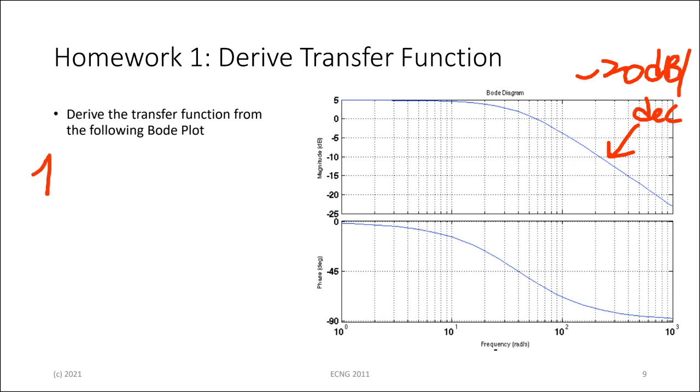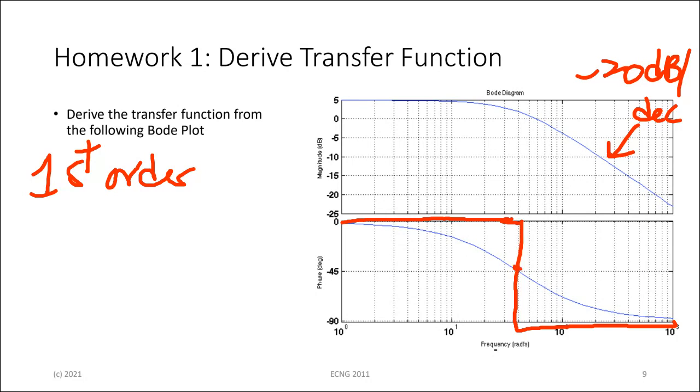So we know it's a first order. If it's a first order, the phase response passes through minus 45. We know where minus 45 is.